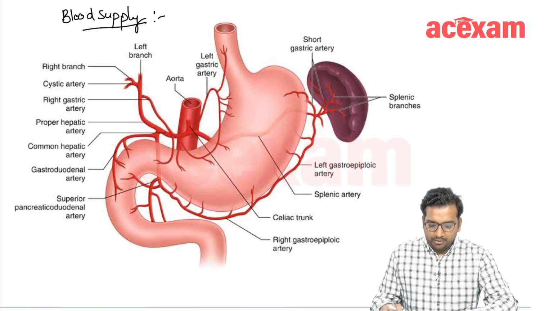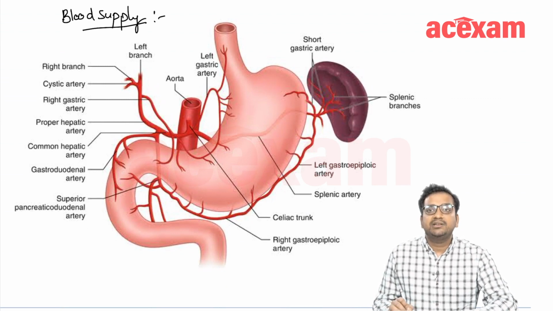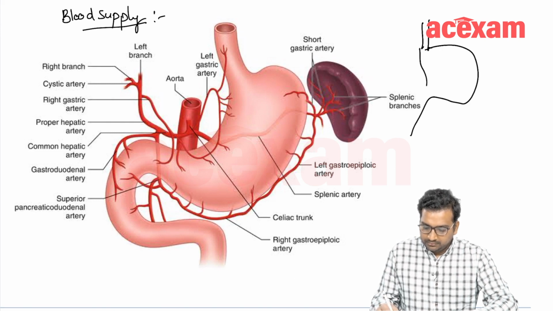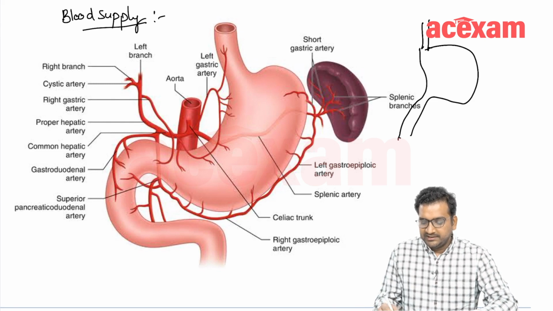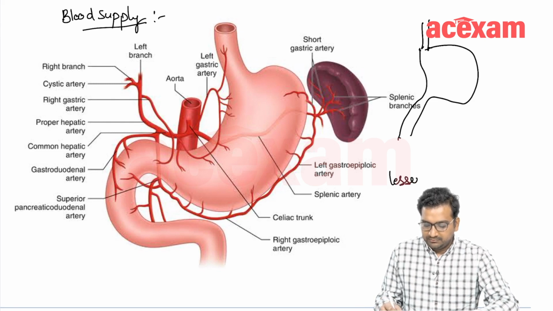Then the next topic is blood supply. Okay. So as you can see in this diagram, that stomach is having a very complicated kind of a blood supply. Okay. To make it simple, I will redraw it here. This is stomach. Now, the lesser curvature of the stomach is supplied by left gastric artery and right gastric artery.